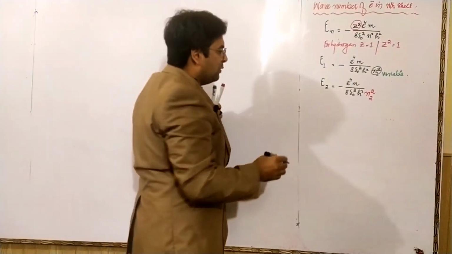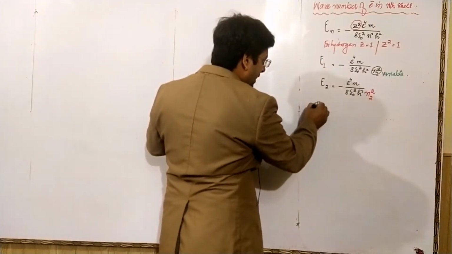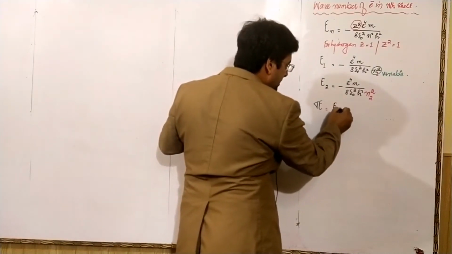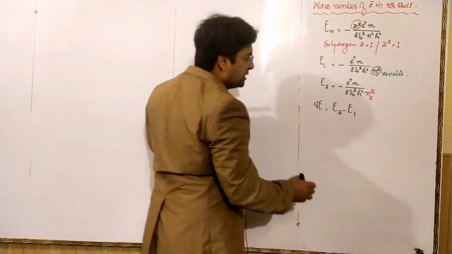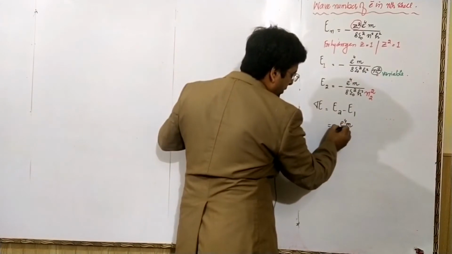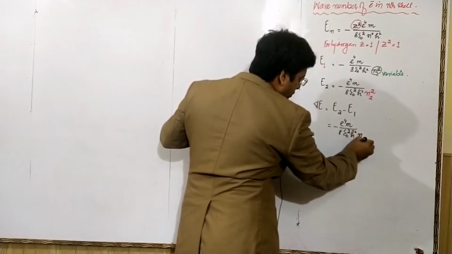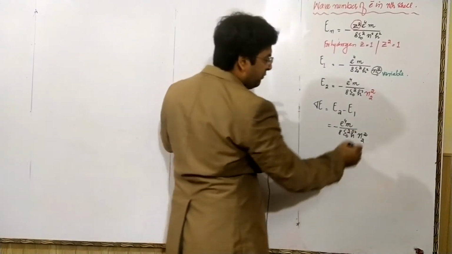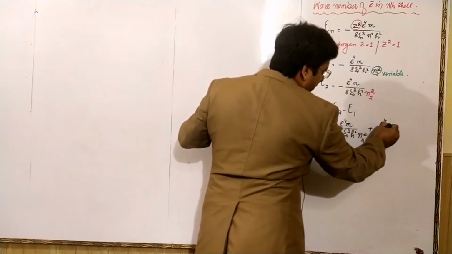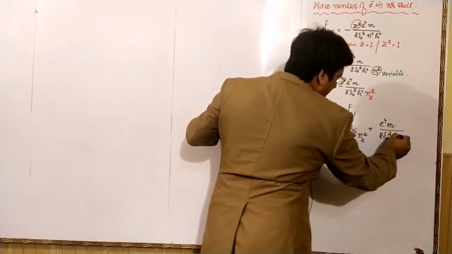So if we want to calculate the energy difference between two shells, delta E will become E2 minus E1. E2 is equal to minus e^4 m divided by 8 epsilon naught square h square n2 square, and E1 will become positive e^4 m divided by 8 epsilon naught square h square n1 square.